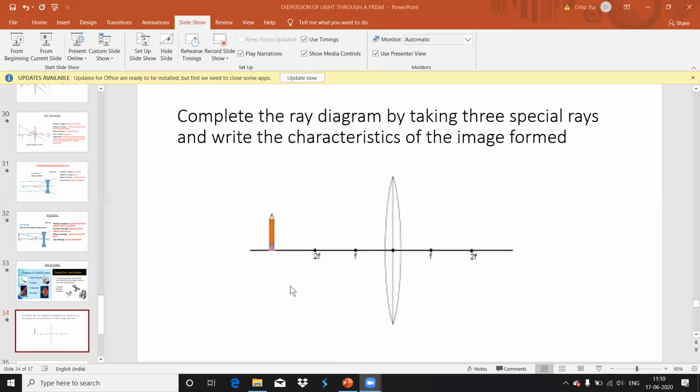Now see, I am showing you the answer of this. Here the object is kept beyond 2f1, which is in front of convex lens. तो 3 special rays कौन सा लेंगे?